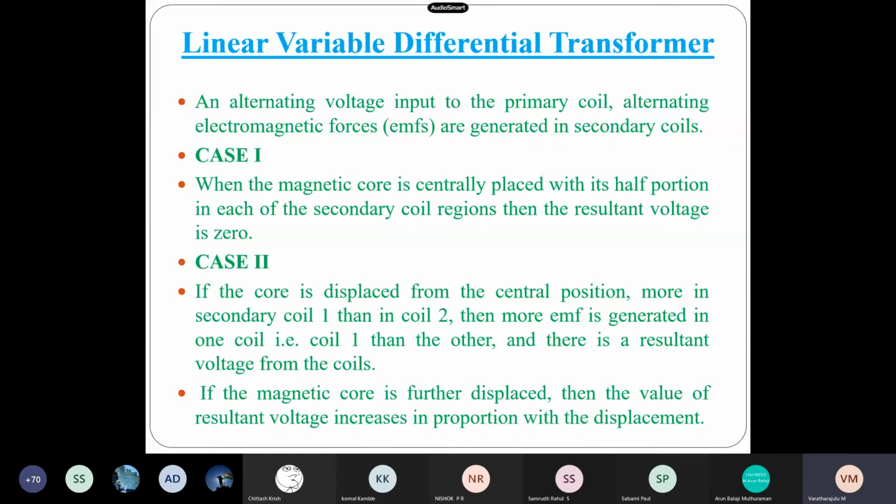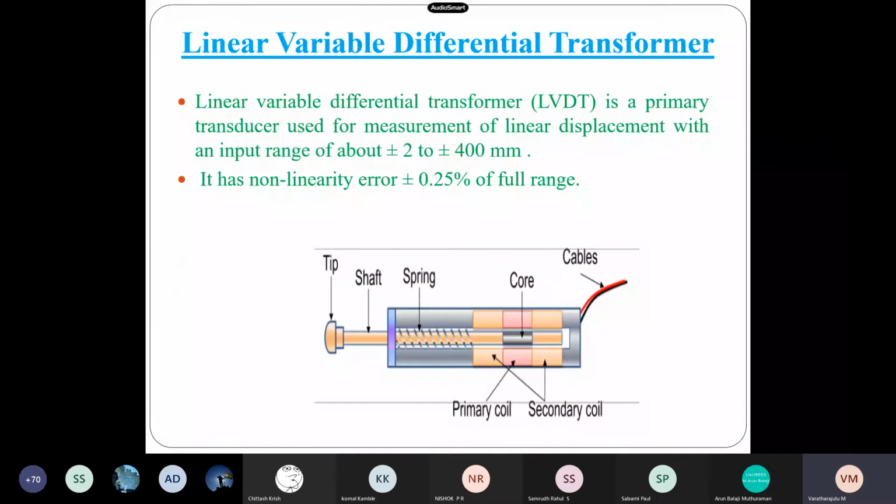And when we keep the core on either side, when we keep the core at coil 2, the net EMF is negative. We should have an equation: the net EMF, let it be ET, is equal to EC1 minus EC2, where EC1 is the EMF produced in coil 1, on the left, and EC2 is the EMF produced in coil 2, on the right side.